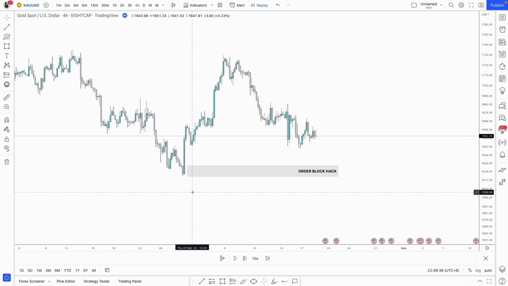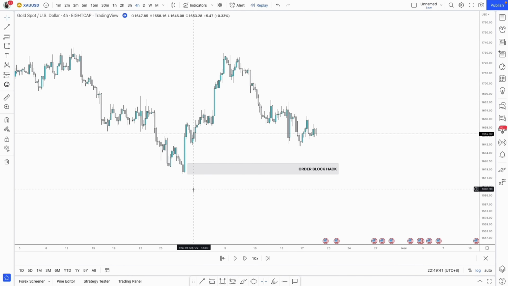Well, order blocks, by the name of the word, are essentially areas of price where there are orders at that level. So just like any sort of block, when price gets there, it won't be able to move through it. Imagine price is trying to move through a wall, but there is a wall in the way. Price will not be able to move through it.